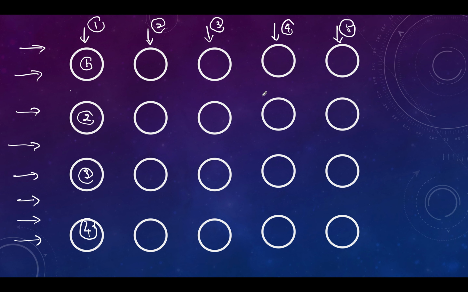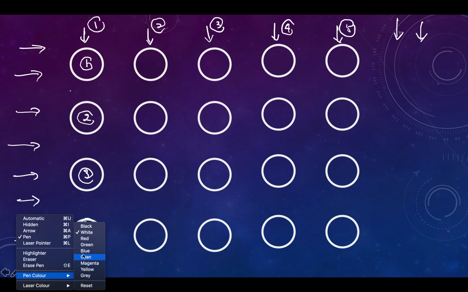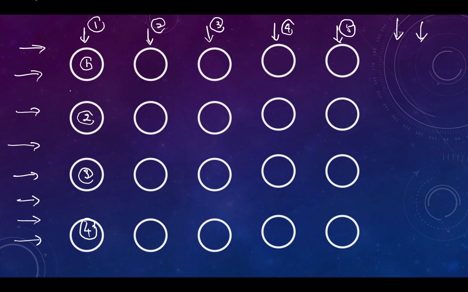If your flow comes from here, okay, I changed the colors to make it easier to differentiate. So let's say the red color is where your flow is from. I change it, your flow is from here.